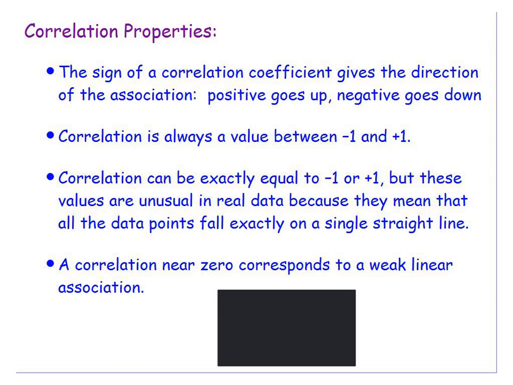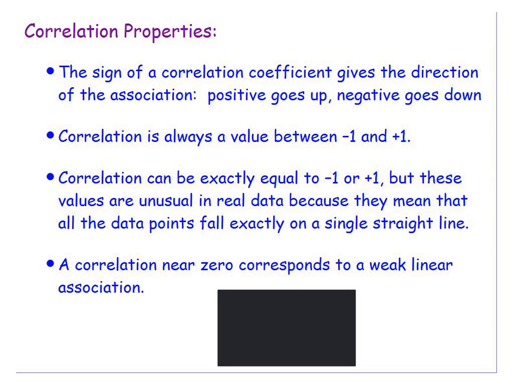Now there are some correlation properties. Because correlation is a number, the sign of that correlation number gives the direction of the association. So if the number is positive, that means that the direction is positive. If the correlation value is negative, that means that the direction is negative.